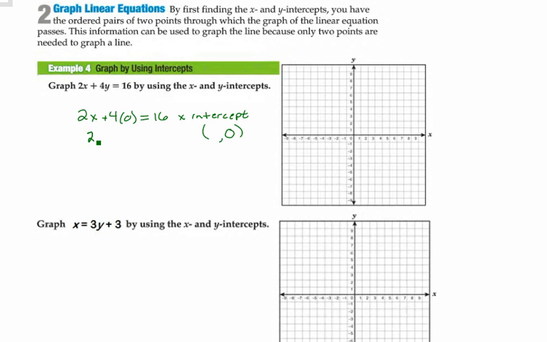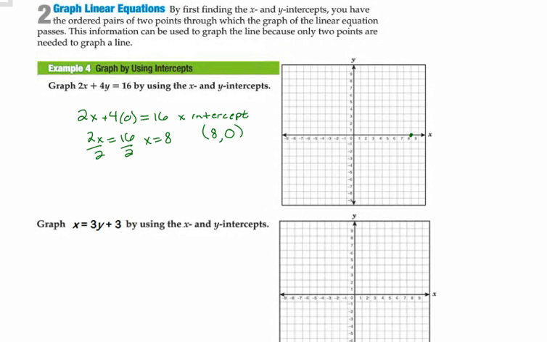Well, I'm going to keep going. 2x equals 16. If I solve this equation, x equals 8. Okay, so when y is 0, x equals 8. There's 1 point. I'm going to go ahead and plot that. That is at 8, 0. X-intercept crosses the x-axis right there.